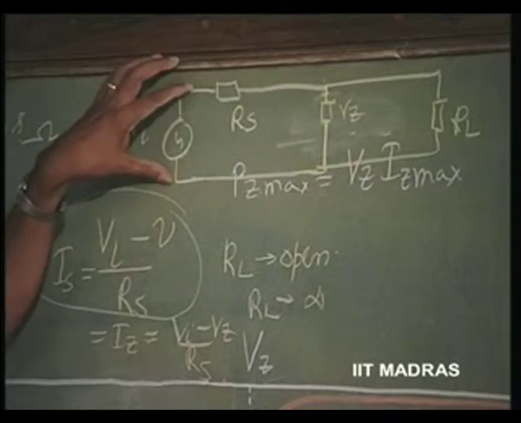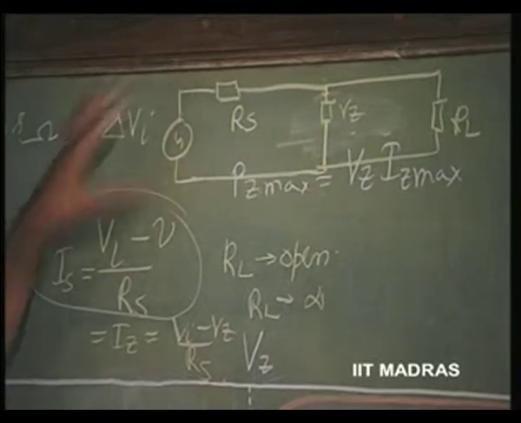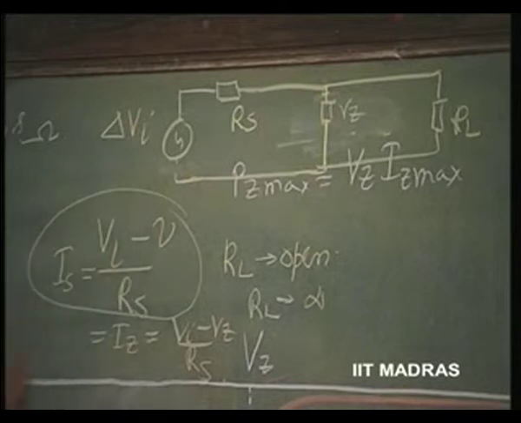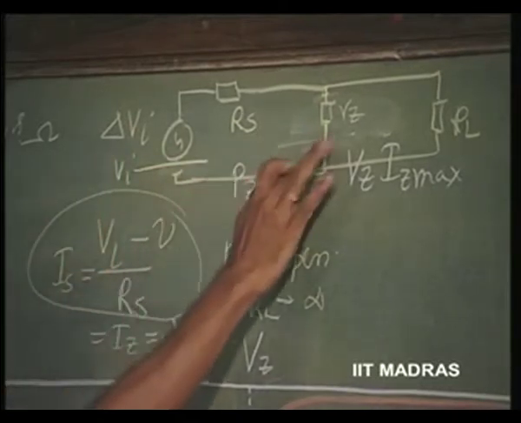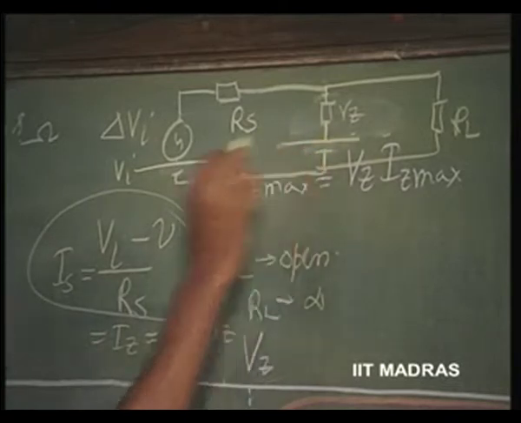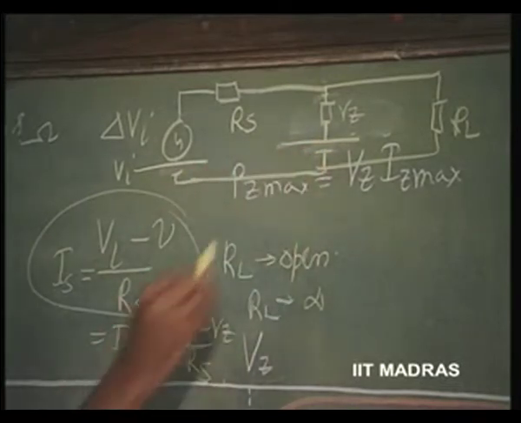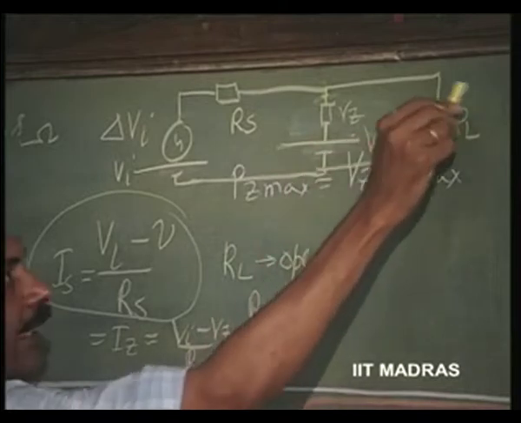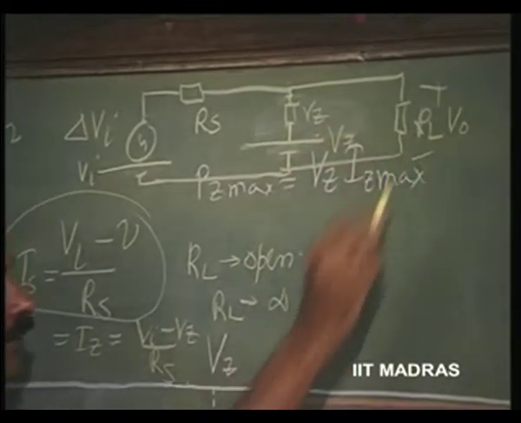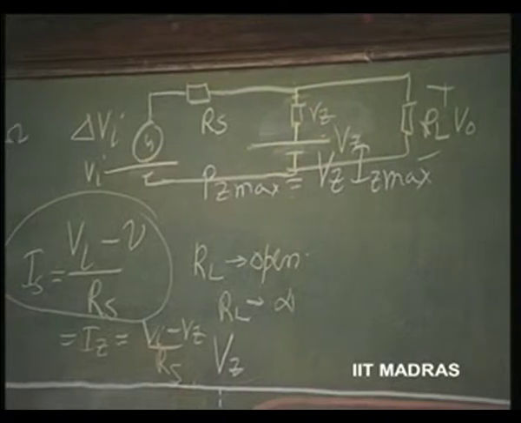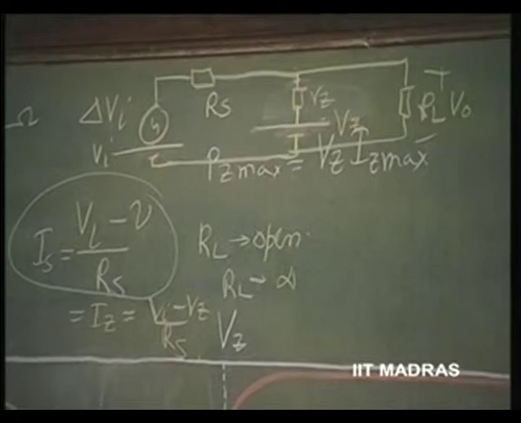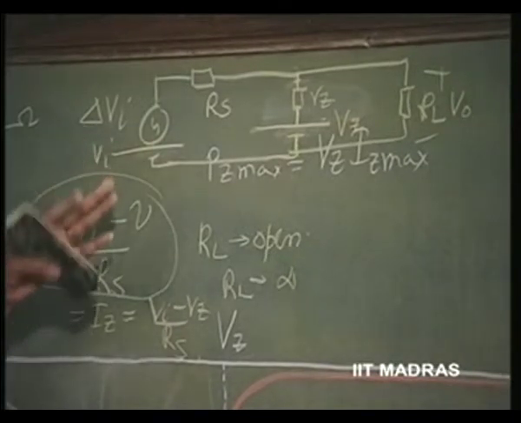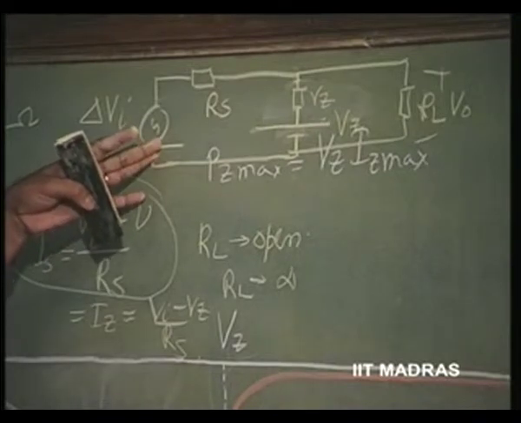For the changes, please remember, once again let us put, if it is this Vi, then I have to put this for the whole voltage as a battery with Vz, and then this will be the V naught, total V naught. This is the complete equivalent circuit for the Zener. Now, for the changes, since I can apply superposition now, it is a linear circuit.